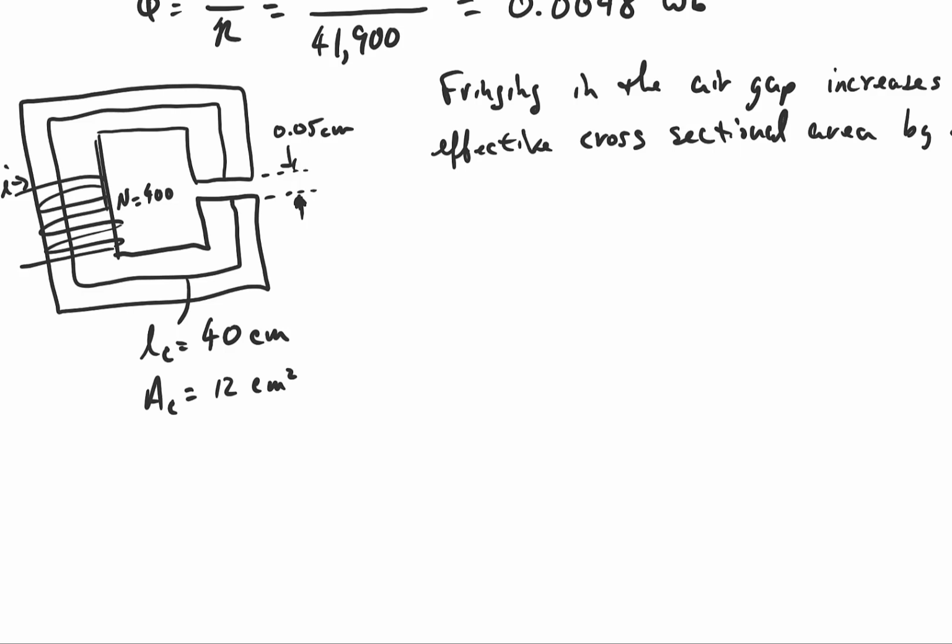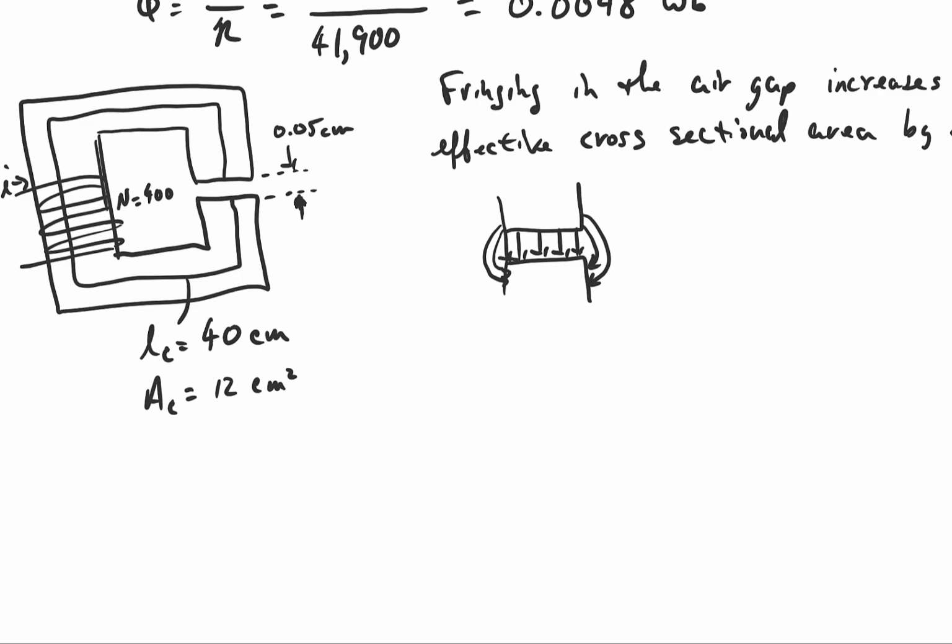And just to talk about what's going on there a little bit, here's the idea. If this is kind of a zoom in of my air gap, and there's flux flowing across the air gap, it all doesn't necessarily go in this straight line. You're also going to have maybe that as part of your flux path, right?